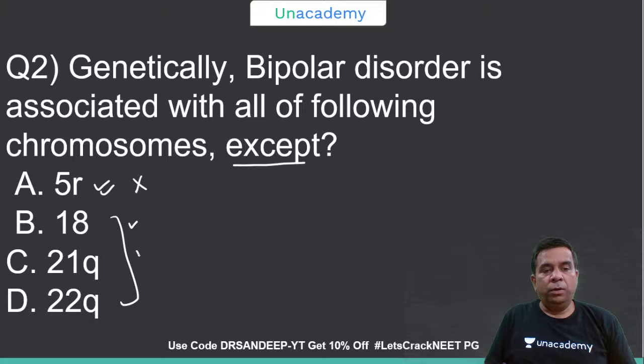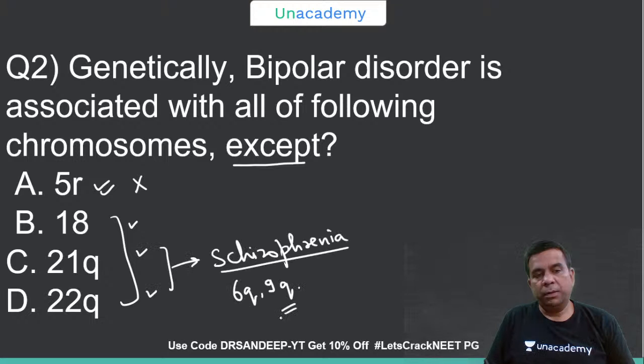In schizophrenia, 6q and 9q are also there. So 5 is not there. But it is a difficult level question. So in schizophrenia we have 21q, 22q, 6q and 9q.